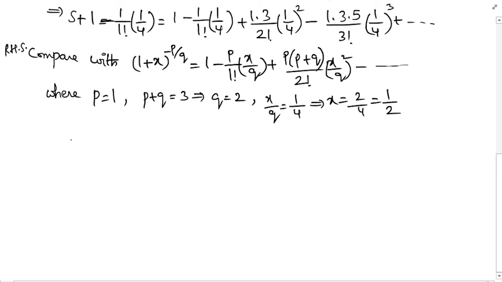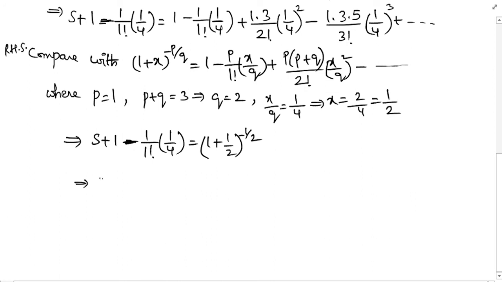Now our LHS, that is S plus 1 minus 1 by 1 factorial into 1 by 4, is equal to (1 plus 1 by 2) whole power minus 1 by 2. That implies S plus 1 minus 1 by 4 is equal to (3 by 2) whole power minus 1 by 2.